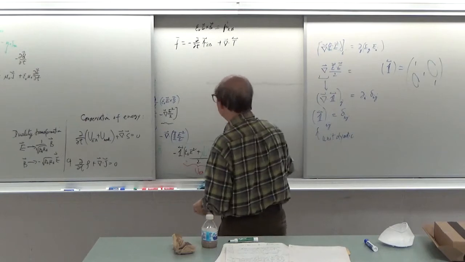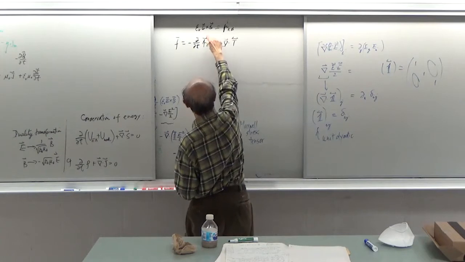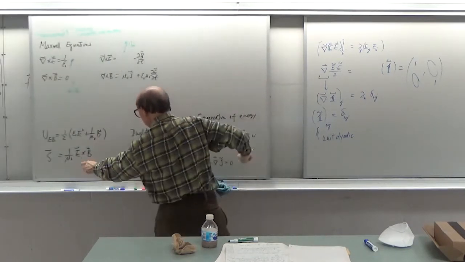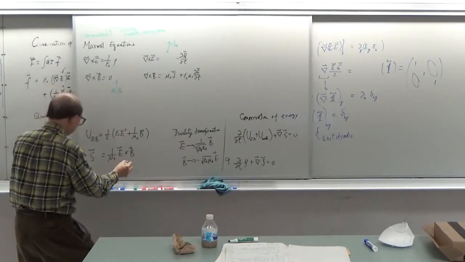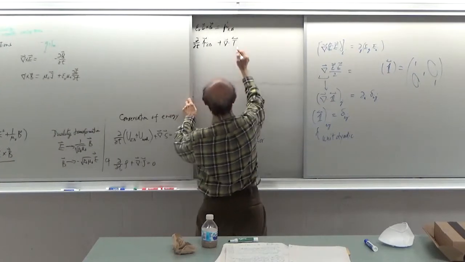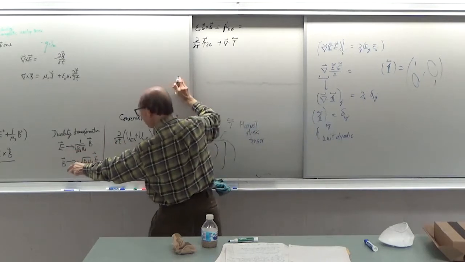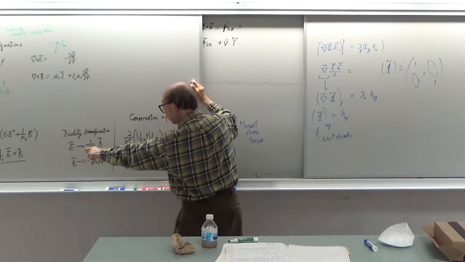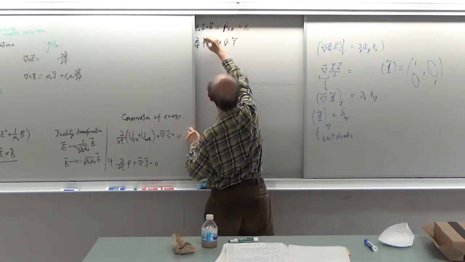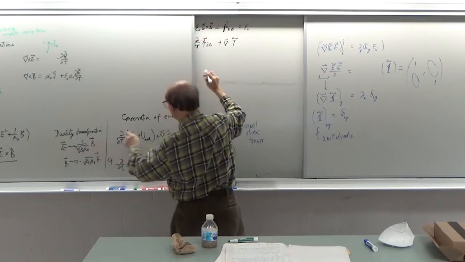Okay, and we should also notice something, namely that we have encountered this cross product E cross B before, in the expression for the Poynting vector. So in fact the linear momentum density is related to the Poynting vector by, let's see, multiplying by epsilon naught and mu naught.